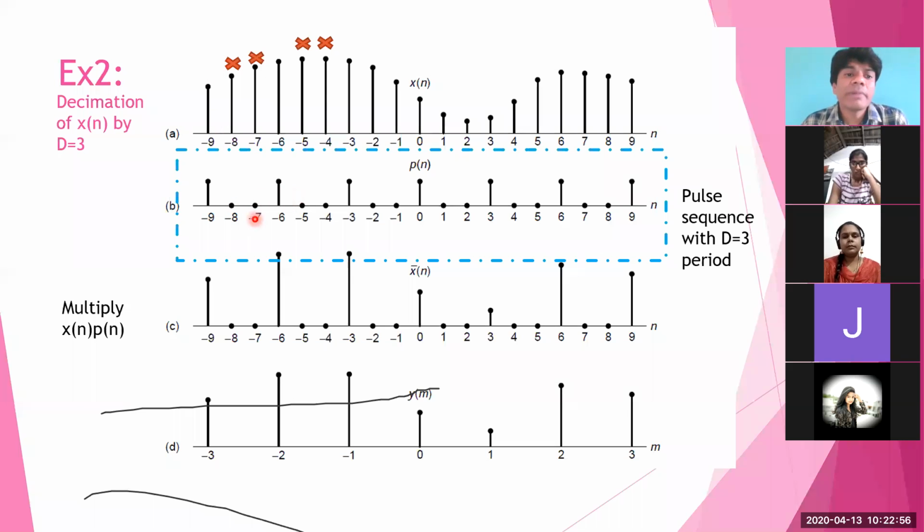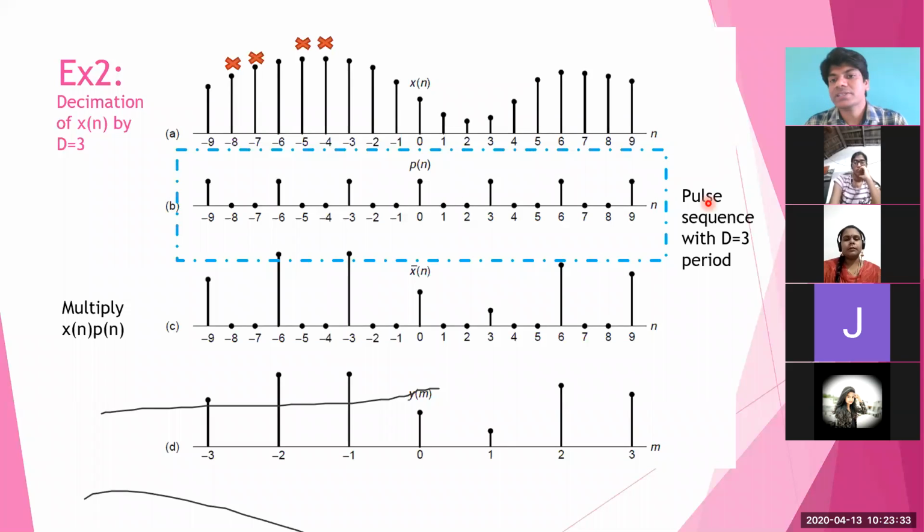But how do we do it mathematically? Well, I can use a pulse. If I want to keep a particular sample, I just have to multiply it with a sample of value 1. If I want to discard a particular sample, I multiply it with a sample of 0, and that 0 into something gets cancelled. So this is how we do it. Practically, when implementing in a practical system, we use a pulse train.